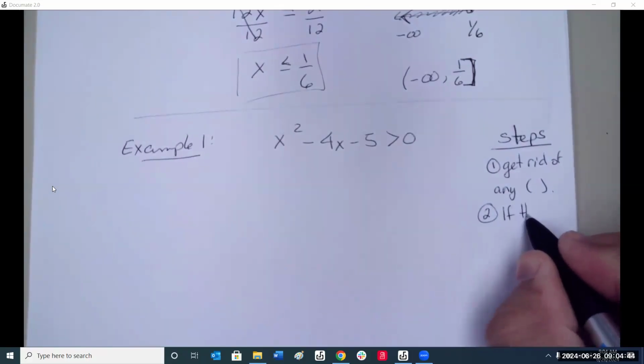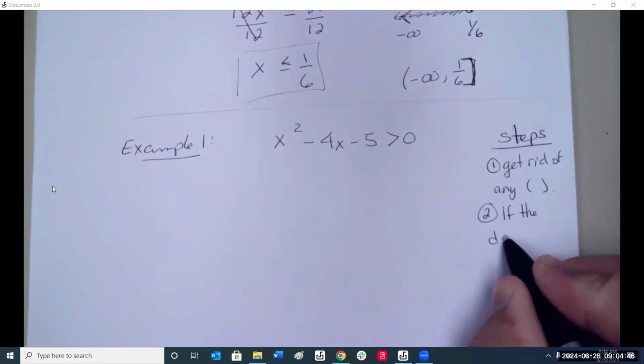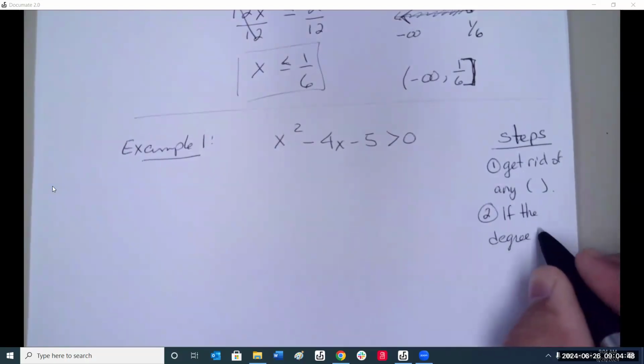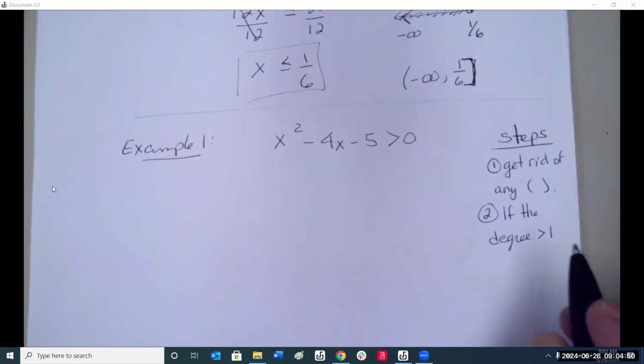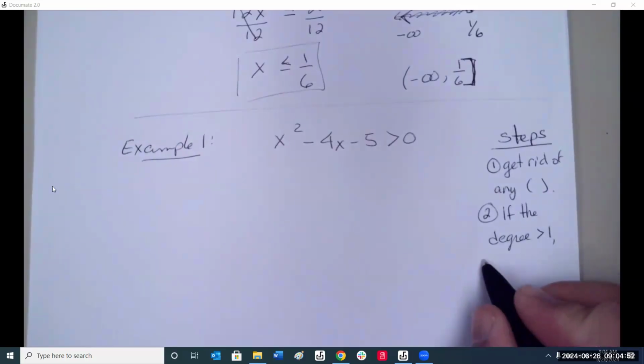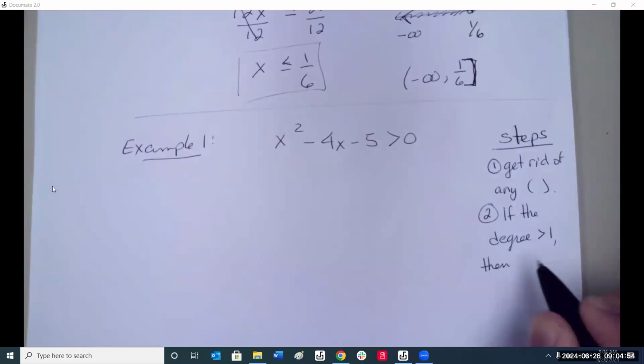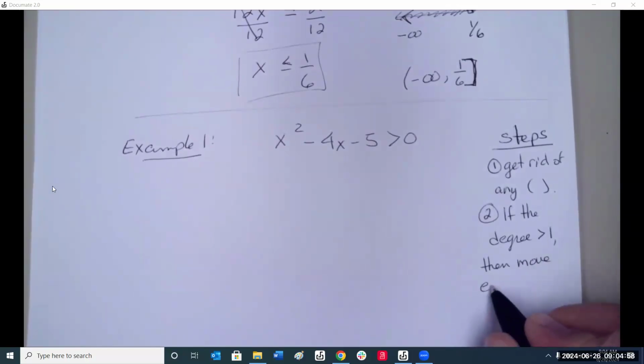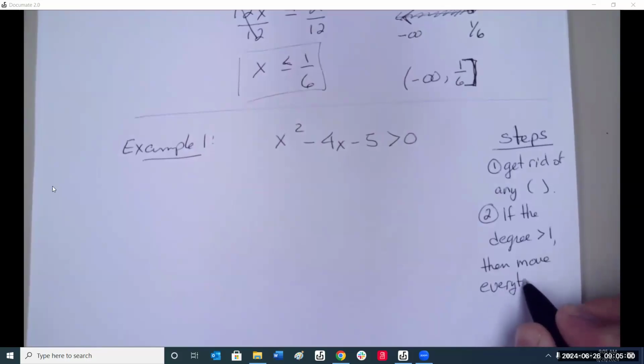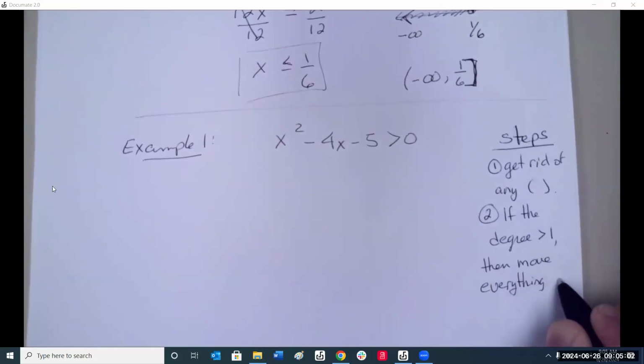If the degree is greater than 1, then move everything to one side.